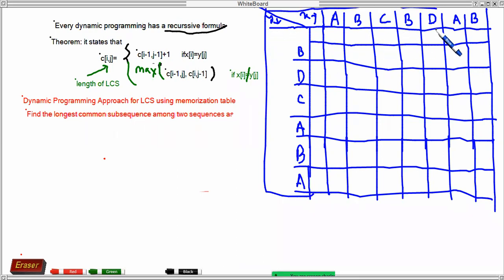So now, I don't understand your table. After process, what happens as you do, just see, you just fill up the first row, first column to be 0.